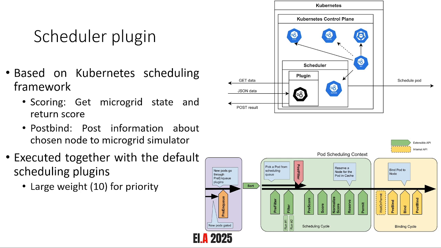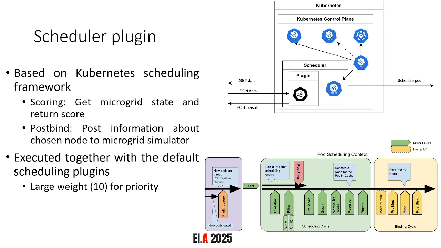The scoring is: I take the nodes that are not removed by the filtering operation, and I decide which is the best for executing a job, and the post-bind is activated after everything is said and done.